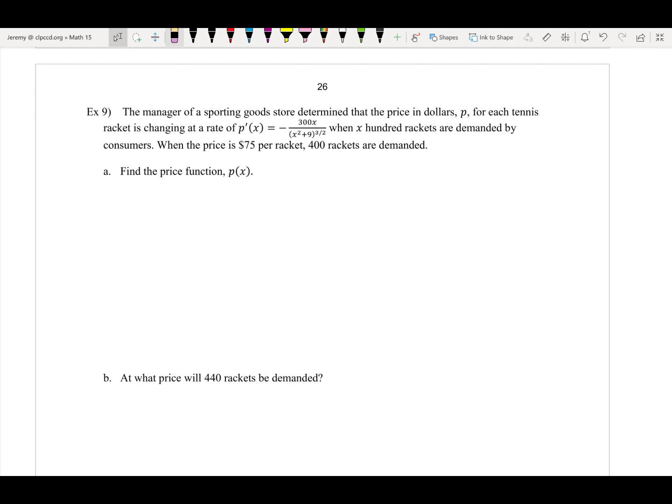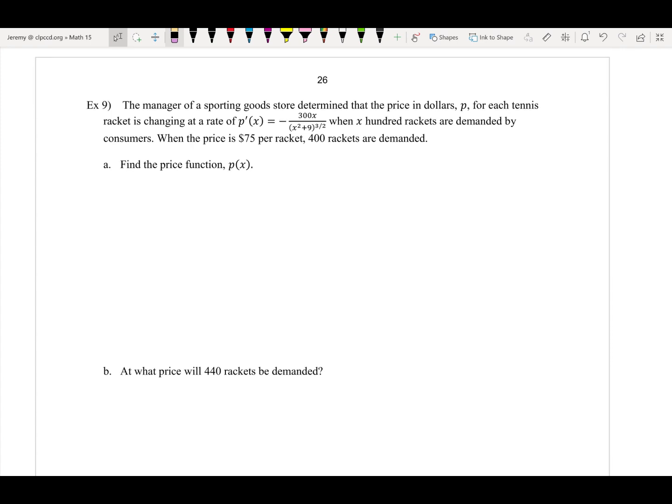So this is the rate of change of price, and we have this function here, negative 300x over x squared plus 9 to the 3 halves. Oof. Okay, and this is when x hundred rackets are demanded by customers. When the price is $75 per racket, 400 rackets are demanded.